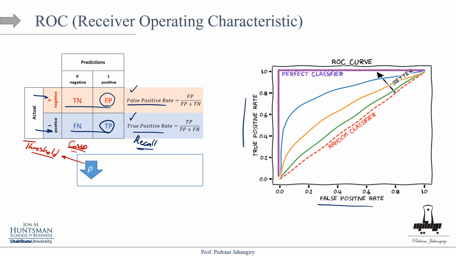So in that case, you're going to reduce the threshold to be more conservative, to reduce the false negatives. Now in this equation, if I reduce the false negative, the true positive rate is going to increase. So this is the direction: if the threshold decreases, the true positive rate is going to increase.